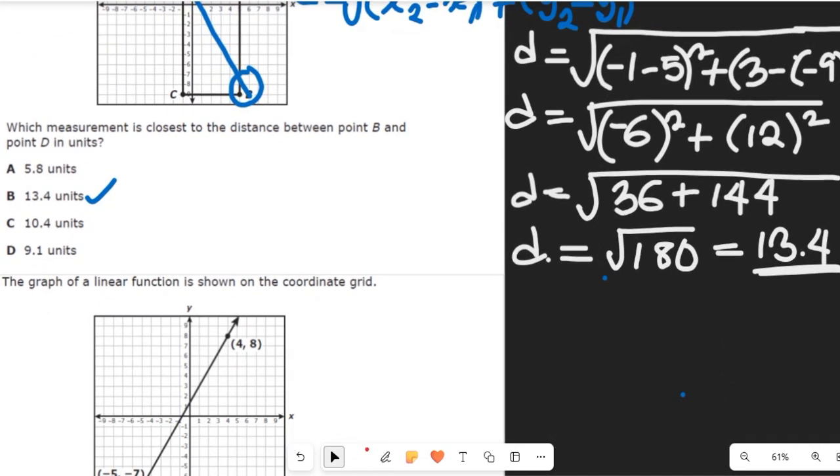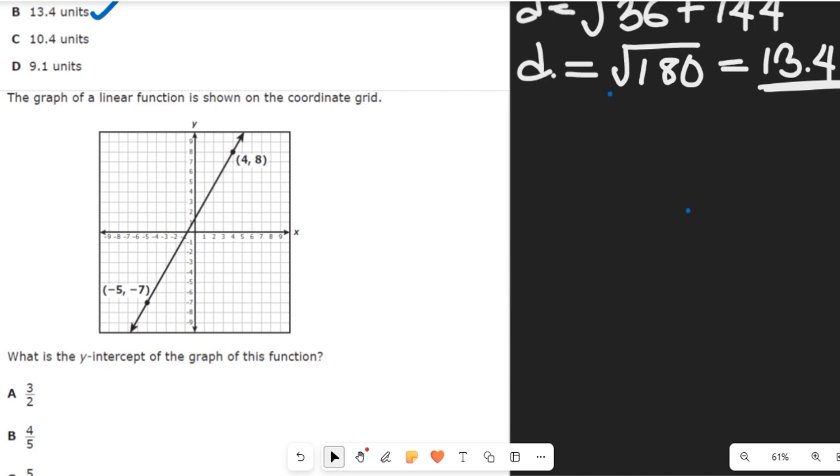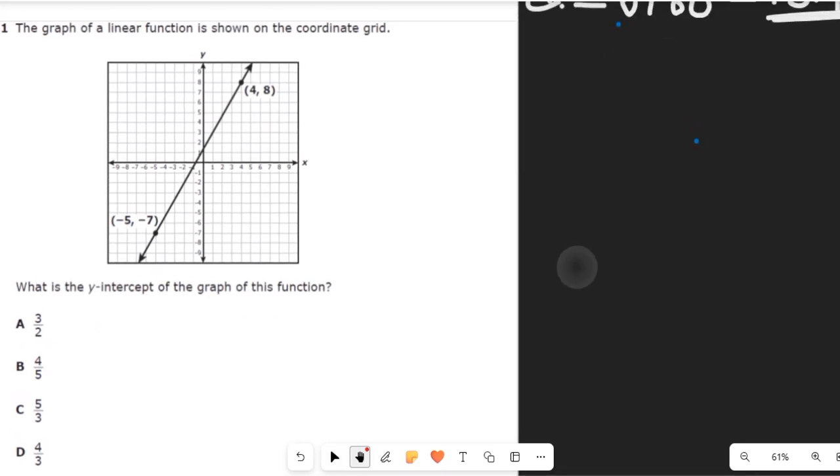Now let's look at question number 11. Question number 11 from our 2023 STAAR test exam says the graph of a linear function is shown on the coordinate grid. Here we have the y coordinate and here we have the x.